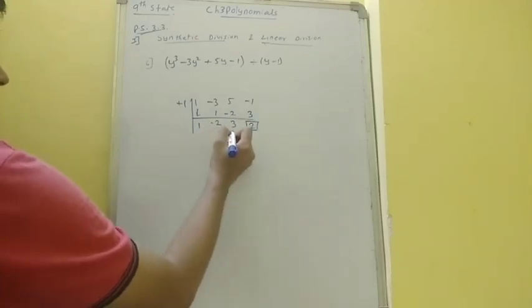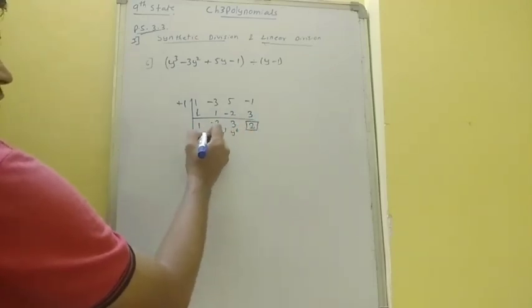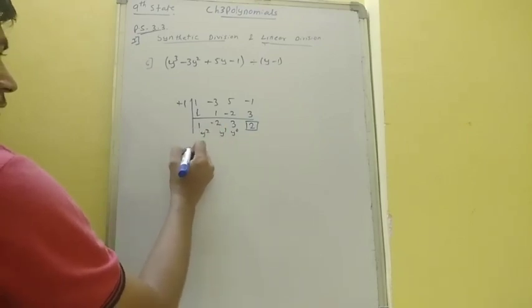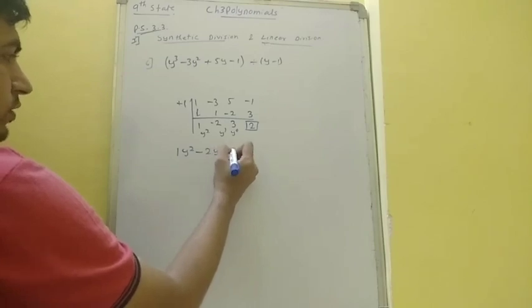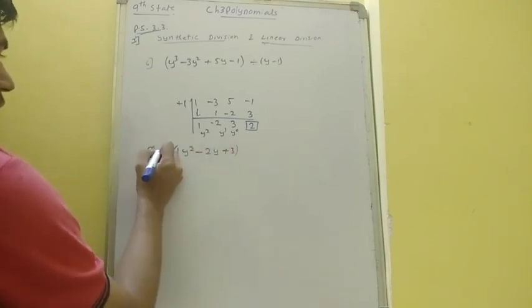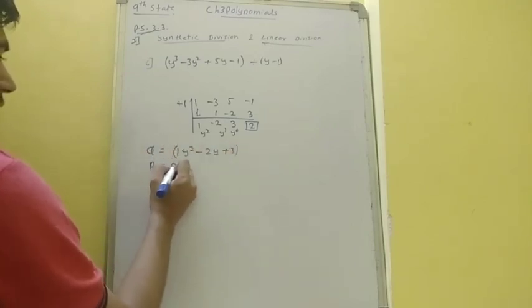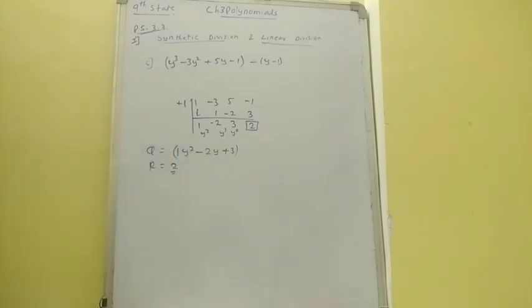So y raised to 0, y raised to 1, y raised to 2, so 1, y raised to 2 minus 2, y raised to 1 plus 3 is your quotient and the remainder is 2. So that was the easier one.